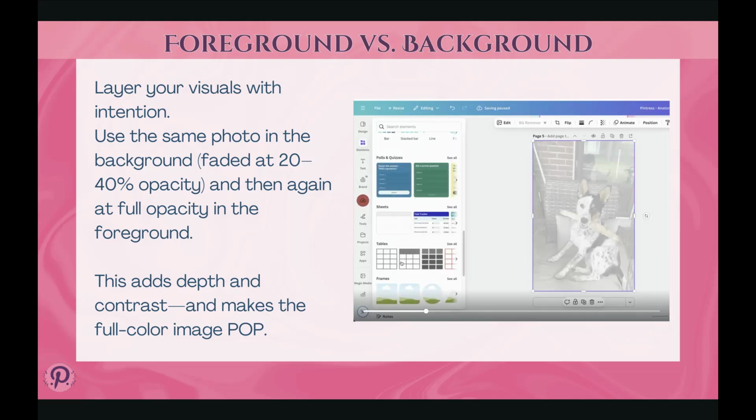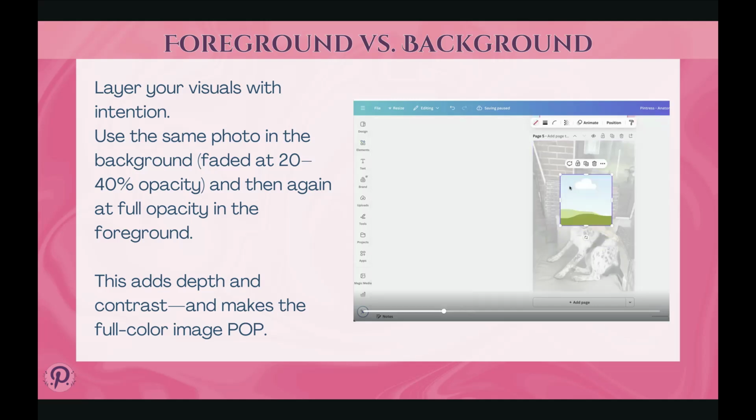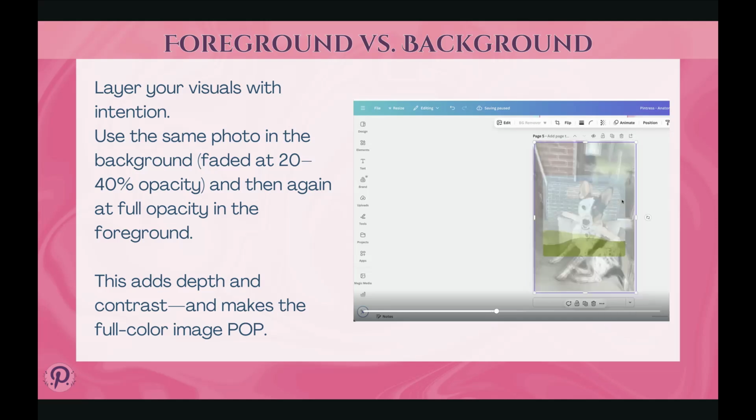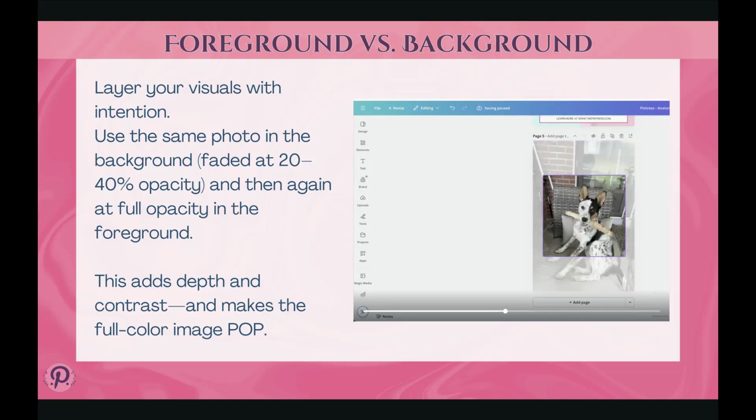And then I'm going to take a frame and I'm going to put it onto the pin itself. And I'm going to cover the primary part of Rennie's face here. And I'm going to put that in the center. And then I'm going to make a copy of the picture and drop that into the frame.